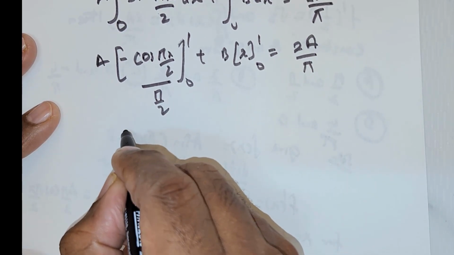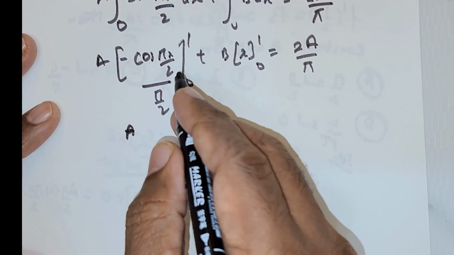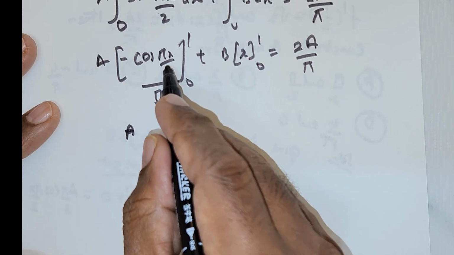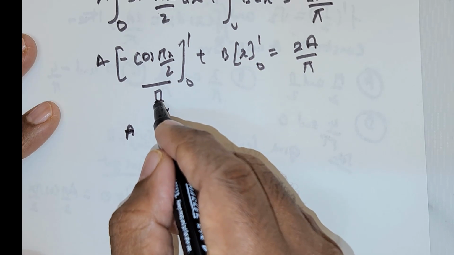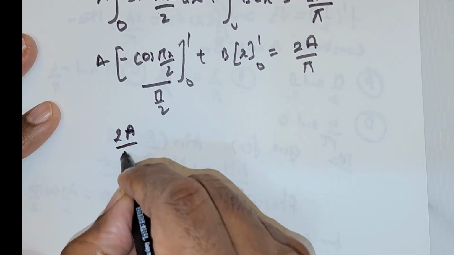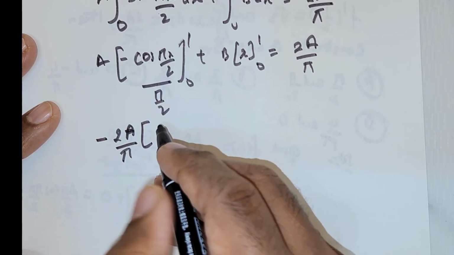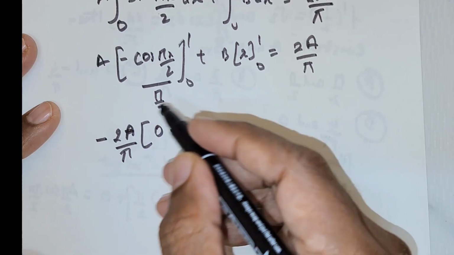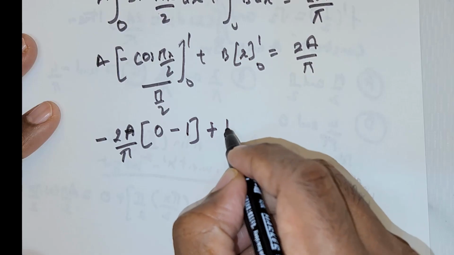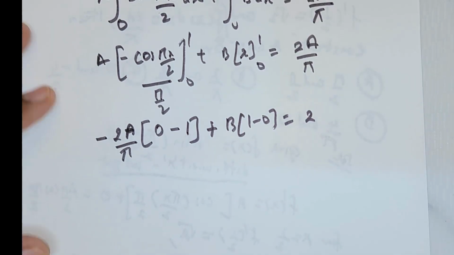But there is also a 0 here. If I were to substitute a 0, that was going to give me 1, right? Cos of 0 is 1, but there is pi over 2 here. So what I'll do, I will flip this, and then I have a negative sign, fair enough. So for the first term I'm getting 0, for the second term I'm going to get a 1. Now this is going to be b of 1 minus 0 is equal to 2 times a.